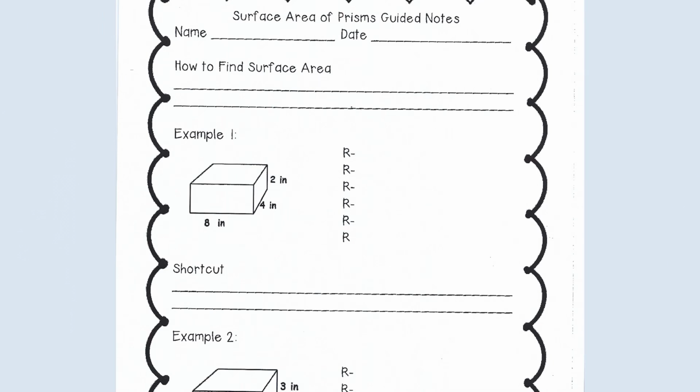How do we find the surface area of three-dimensional figures? Well, the one way that I can think of that's kind of the most straightforward is you're going to find the area of every face, okay?